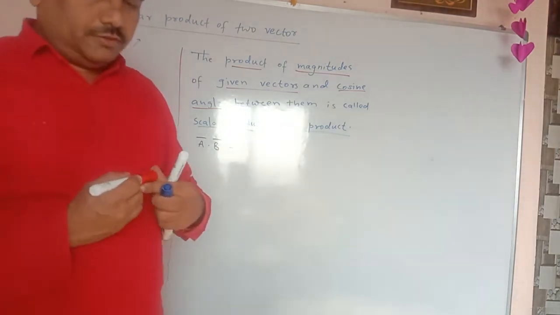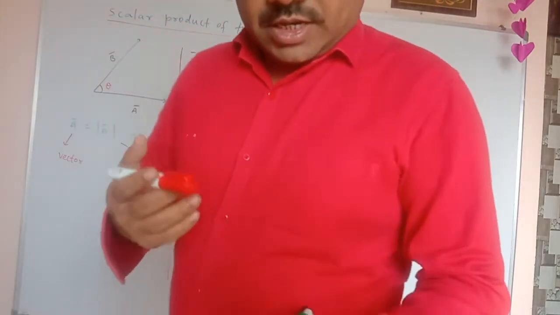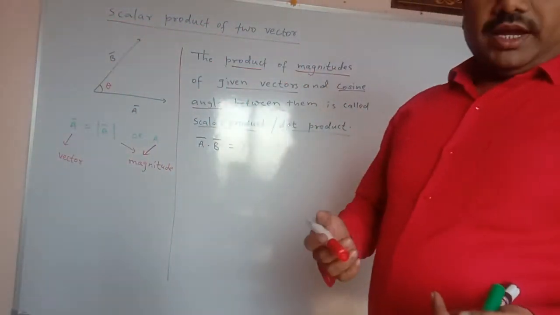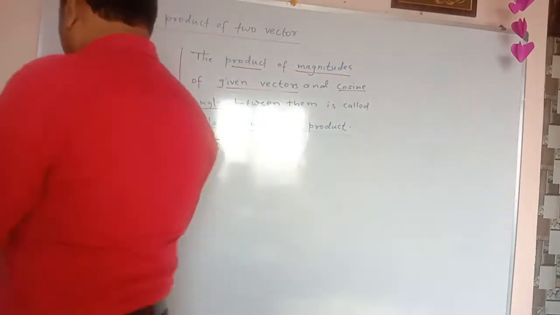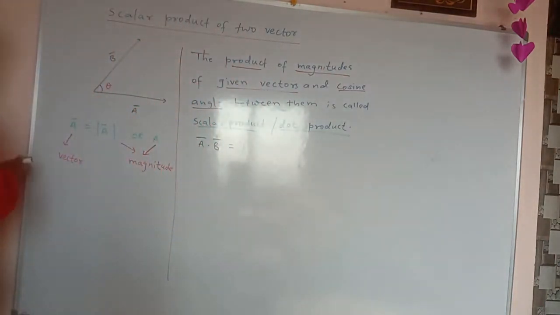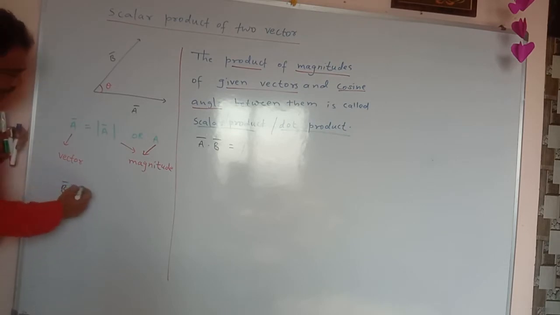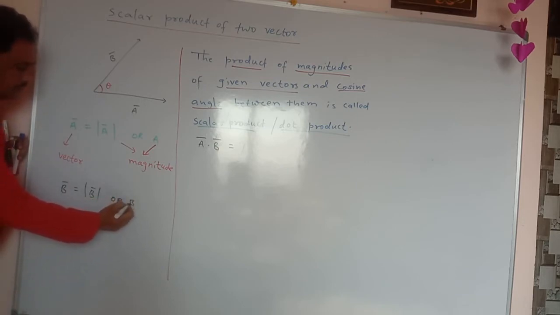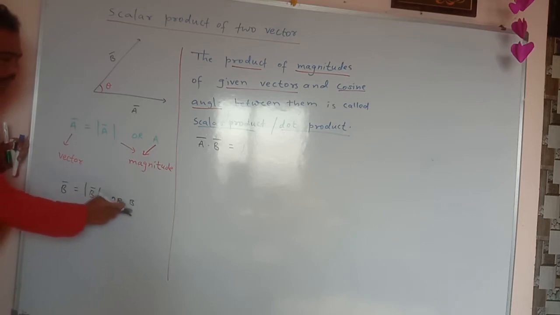We can represent any vector by its magnitude. Suppose we consider vector b, how can we write its magnitude? Either you write mod of vector b, or simply b.